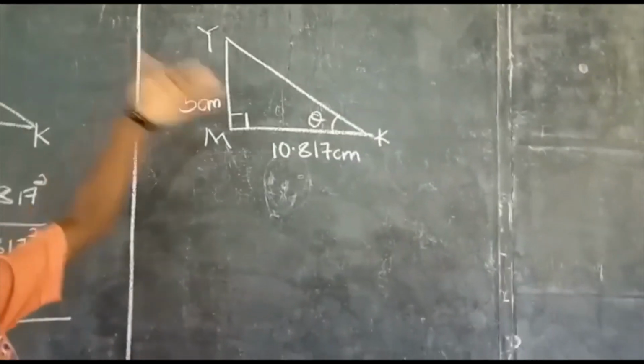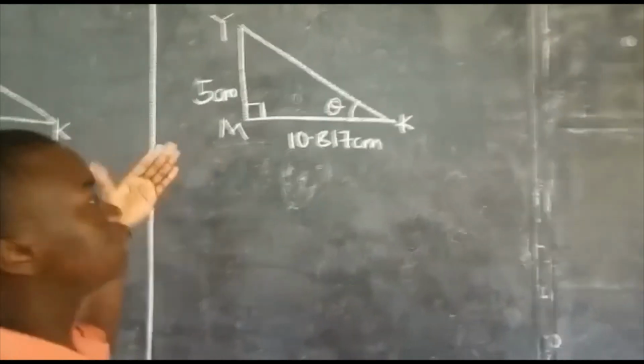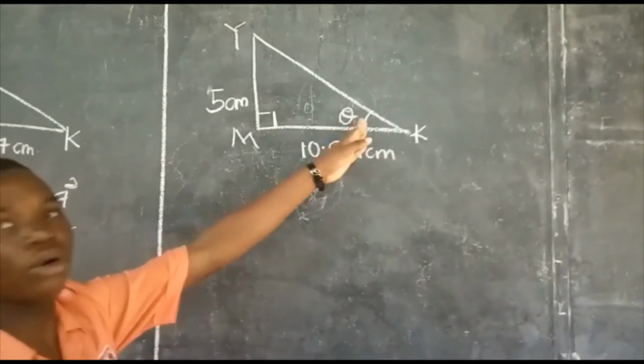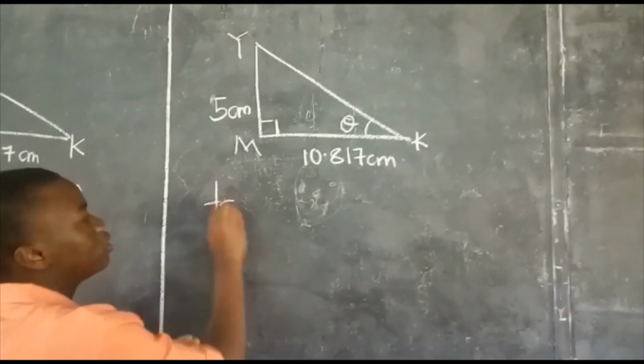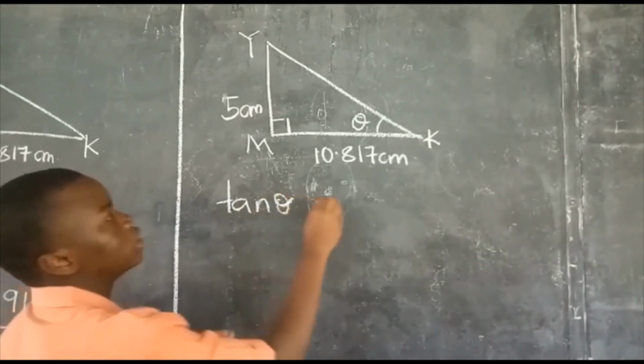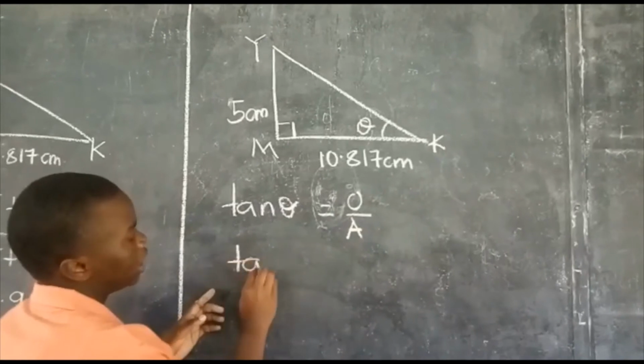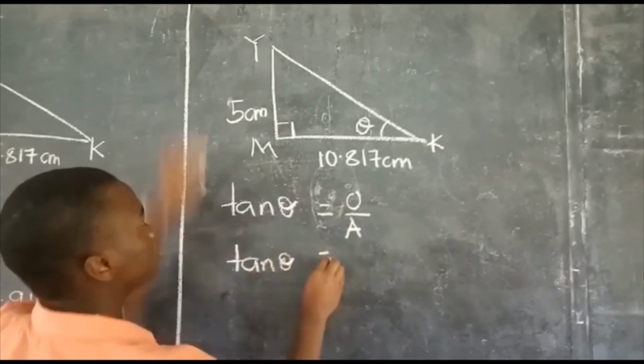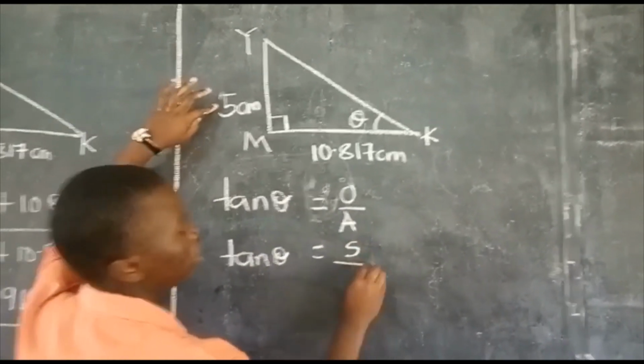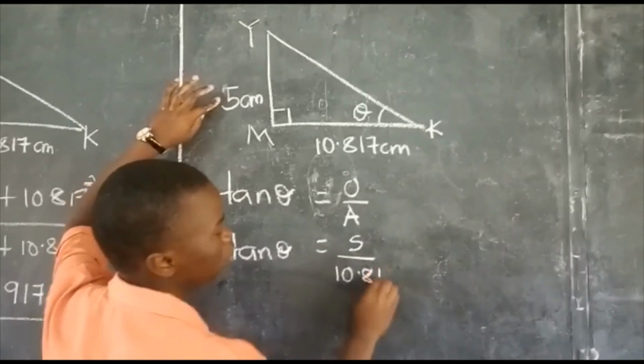Having the opposite and the adjacent, we shall use tan in order to find our angle theta. Therefore, tan theta is equal to opposite out of adjacent. So our tan theta is equal to our opposite, 5, out of 10.817.